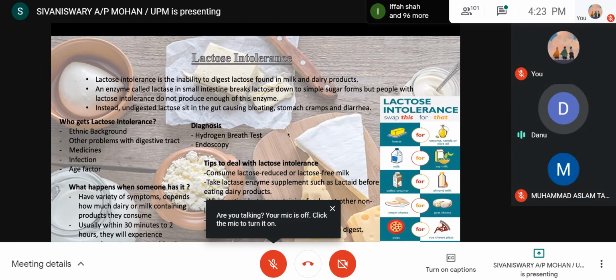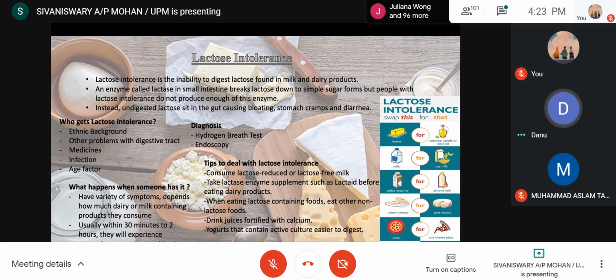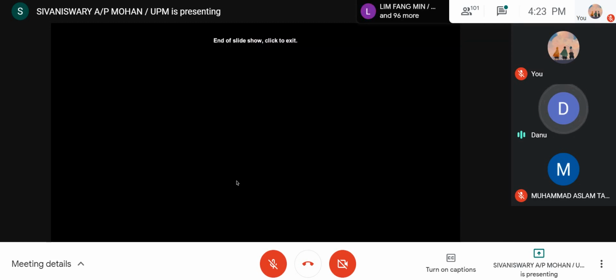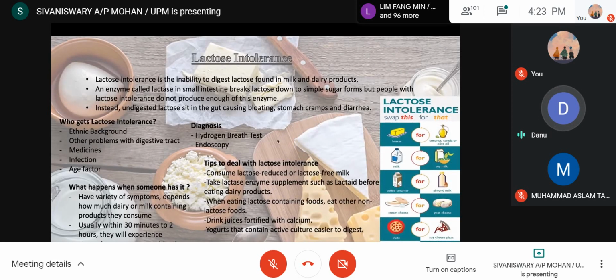The hydrogen breath test helps diagnose intolerance to sugars, such as lactose intolerance, or SIBO, which is small intestinal bacterial overgrowth. The test measures how the amount of hydrogen in your breath changes over time when you consume a sugar solution. There's usually very little hydrogen in your breath, and a higher level usually indicates a problem.